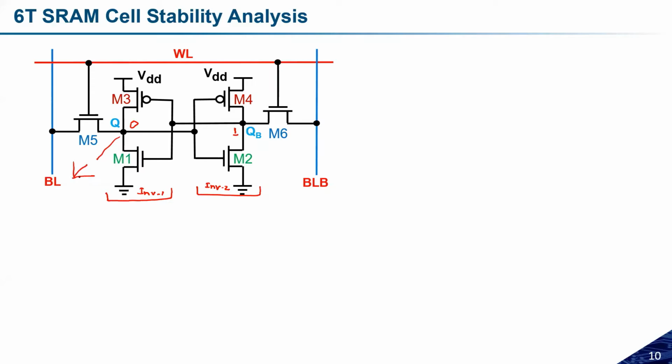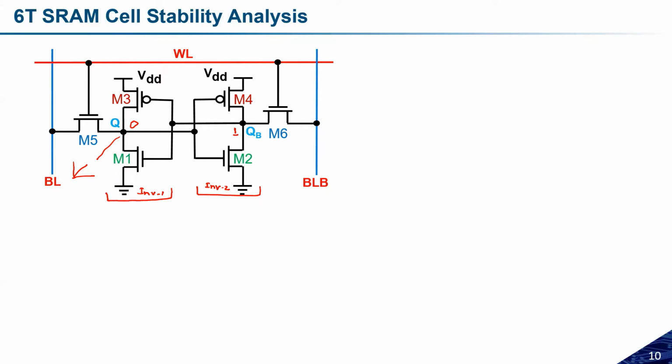If it is changing from 0 to 1, what does it mean? It means that the strength of this node Q will increase, and that will force a change of logic by inverter number 2. Let me repeat it again.